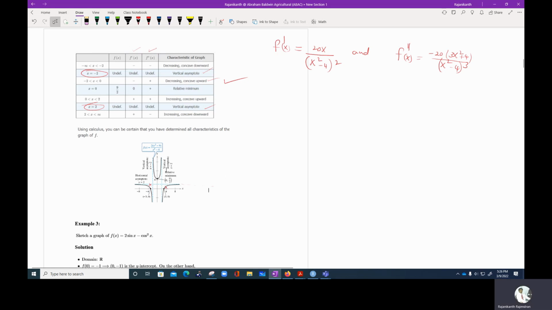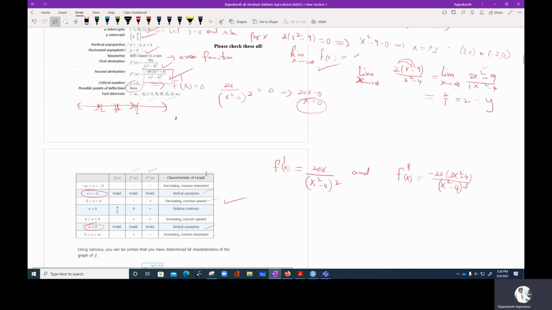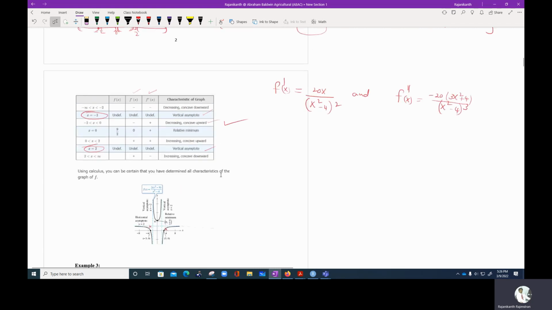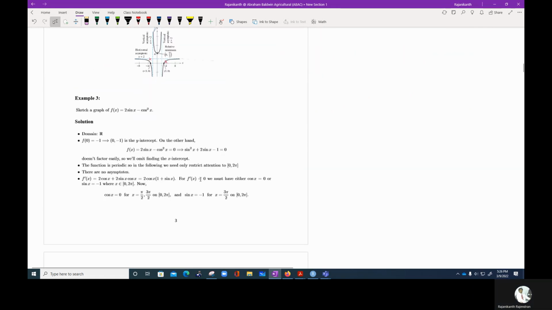Okay, so this picture will give you all the pieces of information for the given function. So you have now more work, right? Checking increasing, decreasing, concavity up and down, and so on. Okay, so please go through this problem and let me know if there is any question.